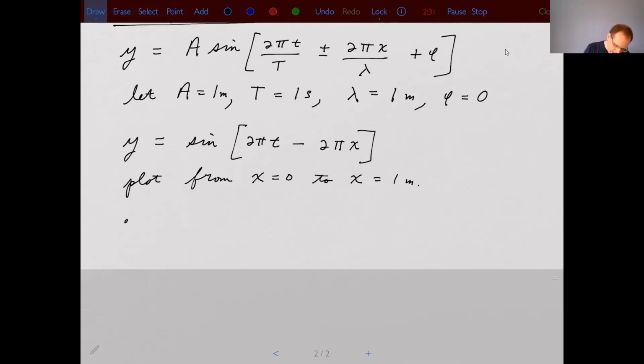I want it at time t equals 0, a quarter, a half, 3/4, and 1 second. Okay, so let's see what this looks like.